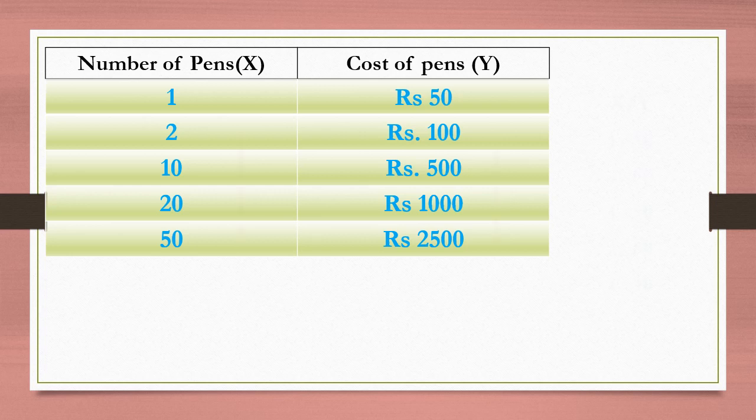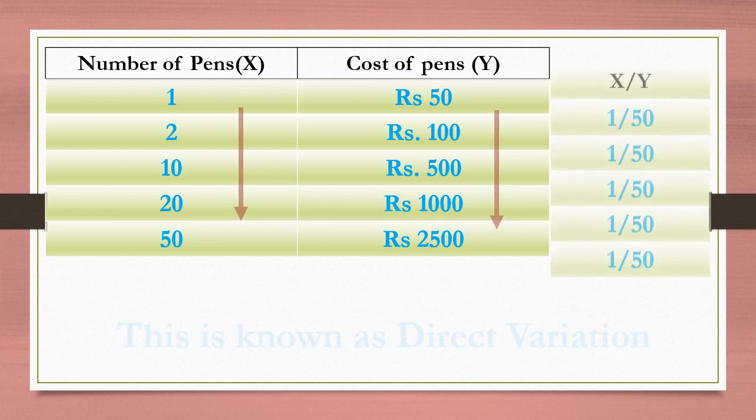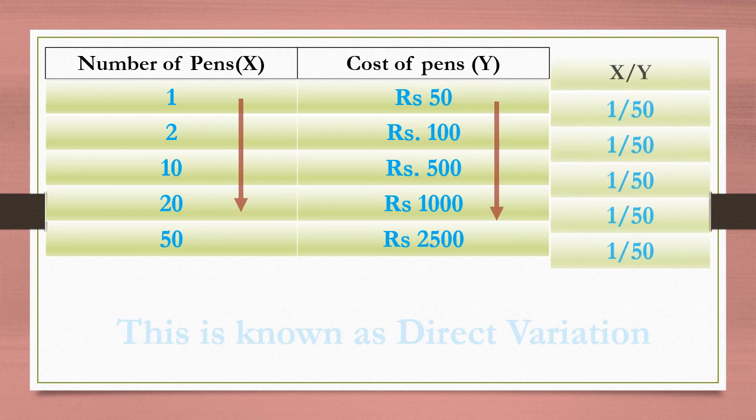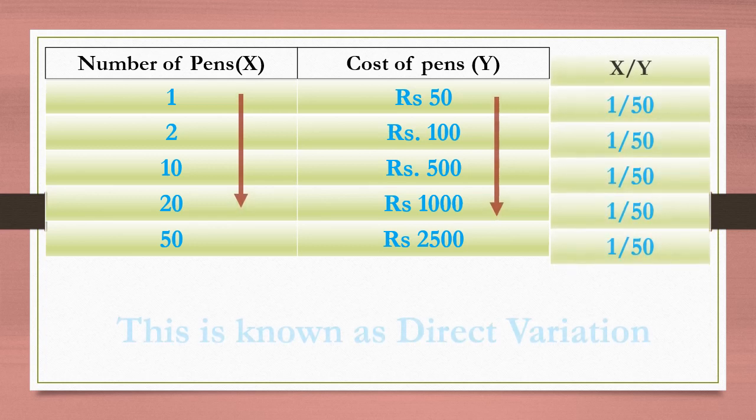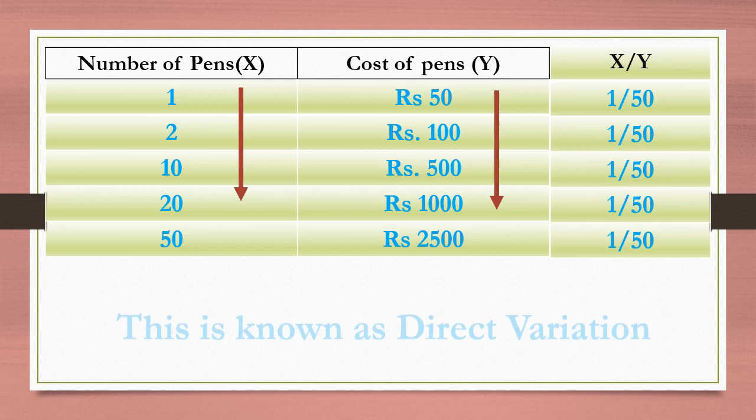Very nice. But suppose we take the number of pens as x and the cost of pens as y. Are you able to find out that if the number of pens is increasing, then the cost of the pens is also increasing? See, pens are increasing, cost is also increasing. That means both the quantities are increasing simultaneously.